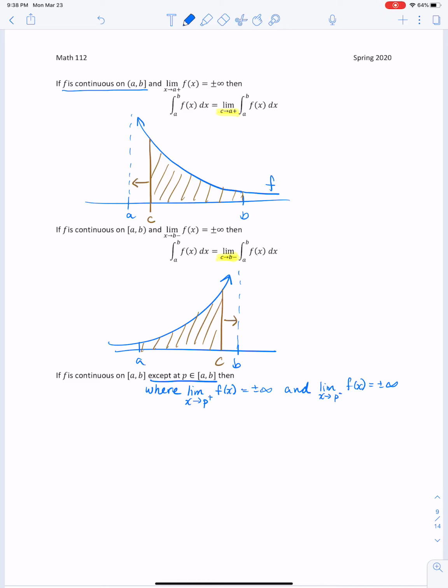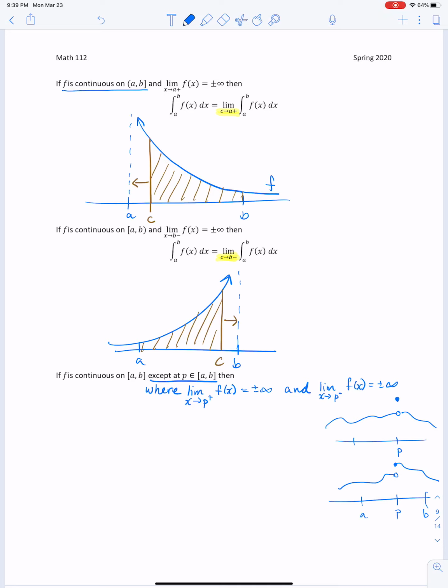As we talked about before, if f is continuous and there's a removable discontinuity, in other words, just a little hole right here at P, or if f was a piecewise defined function with a piecewise discontinuity at P, then we could still define area if f was otherwise continuous.